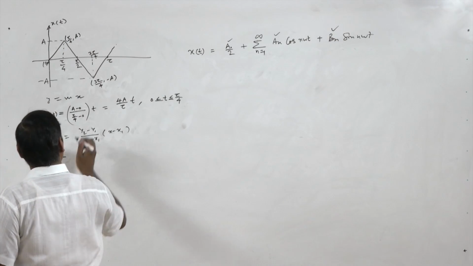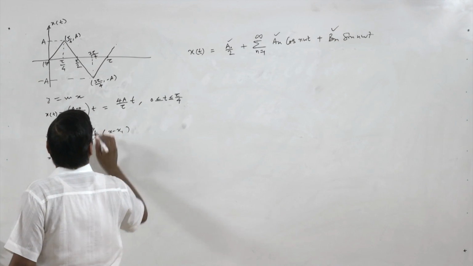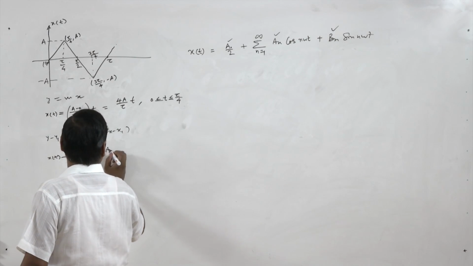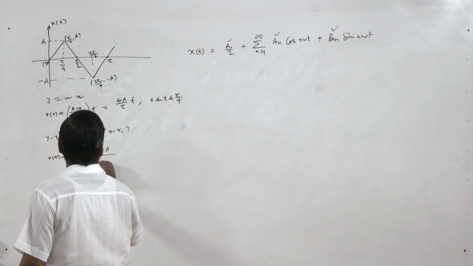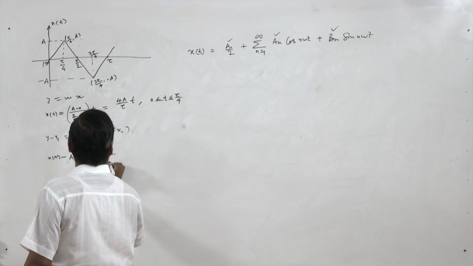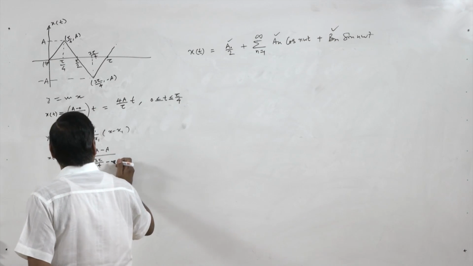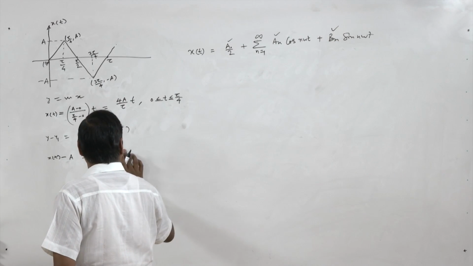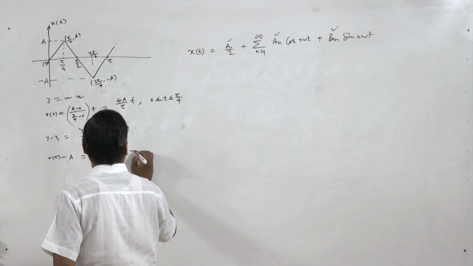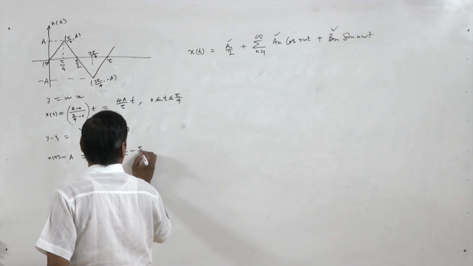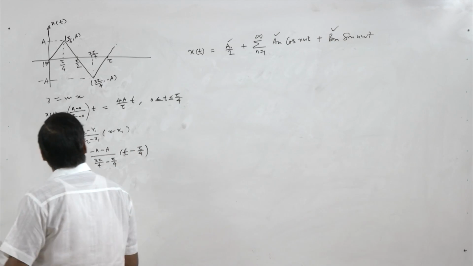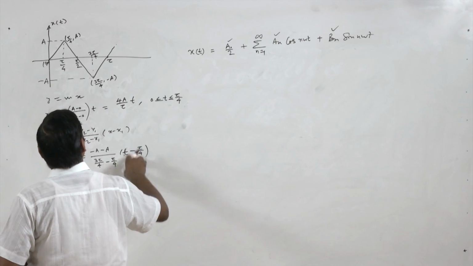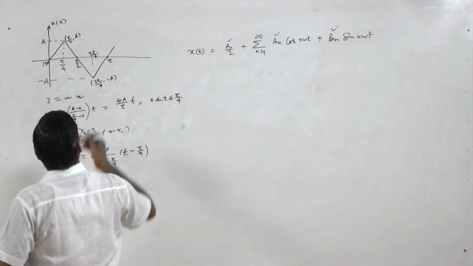So y1 is a and y2 is minus a, and minus y1 is a, by x2 which is 3 tau by 4 minus x1 that is tau by 4, and x is t.